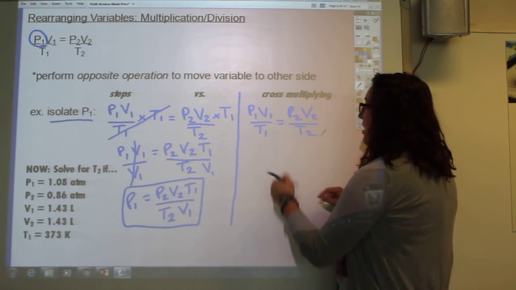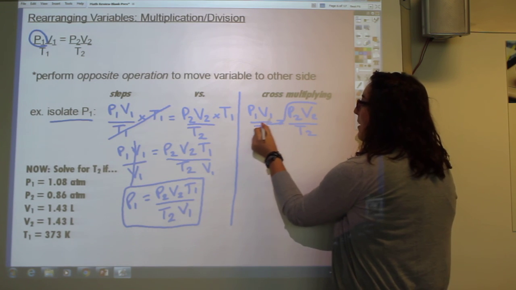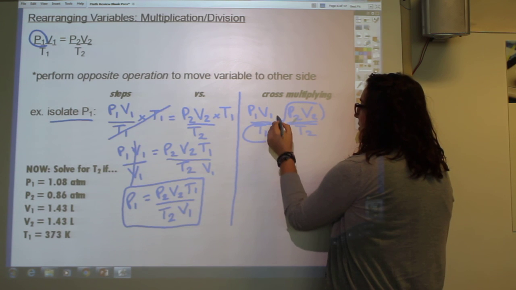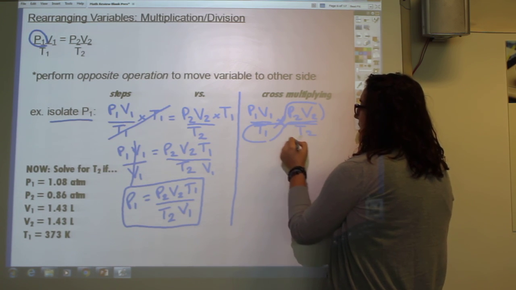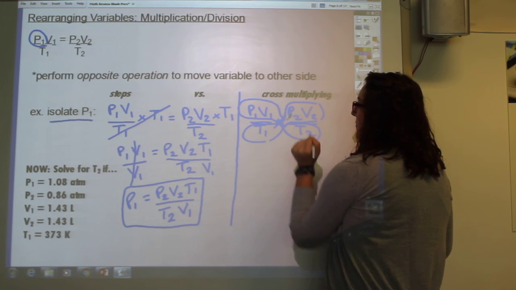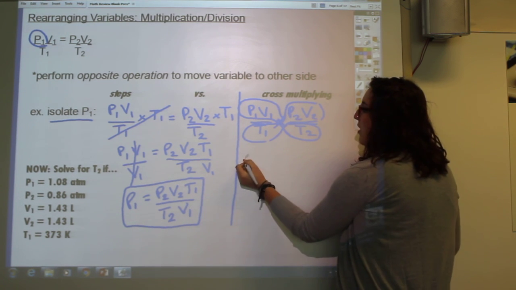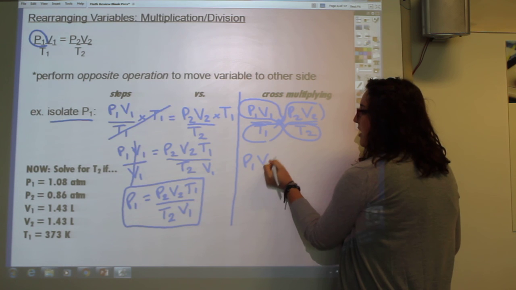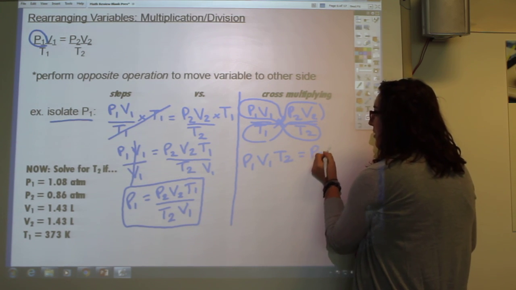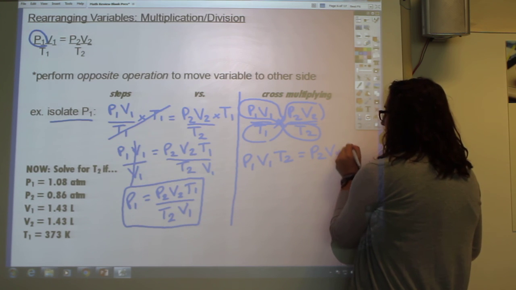So that means that these are together, and let me cross-multiply, and our T2 joins up with this side. Okay, so let me write that out. P1 V1 T2 equals P2 V2 T1.